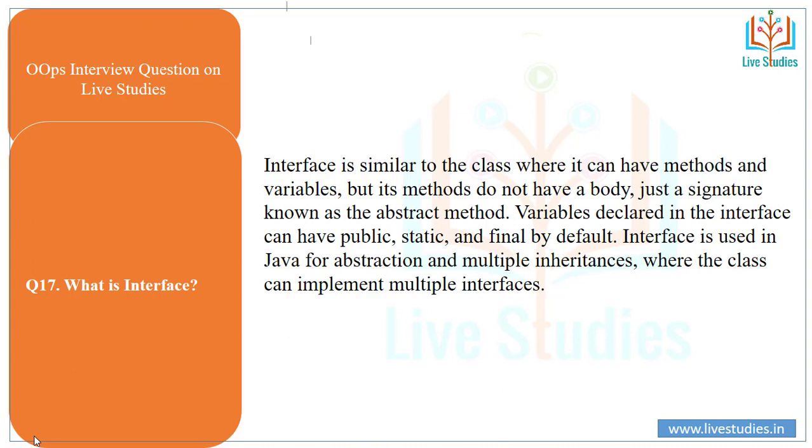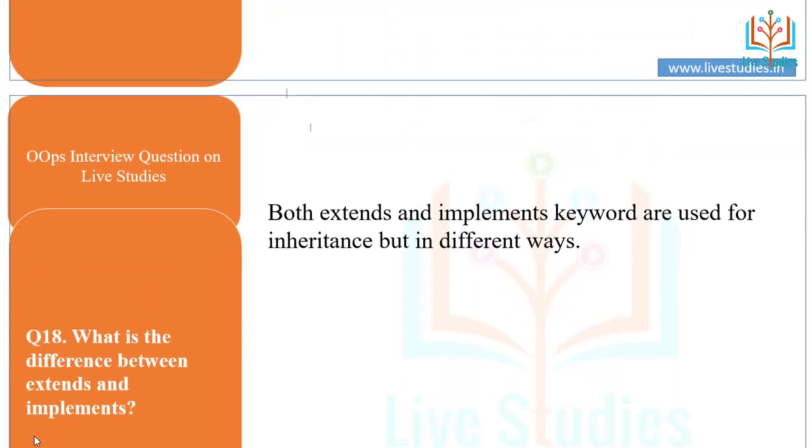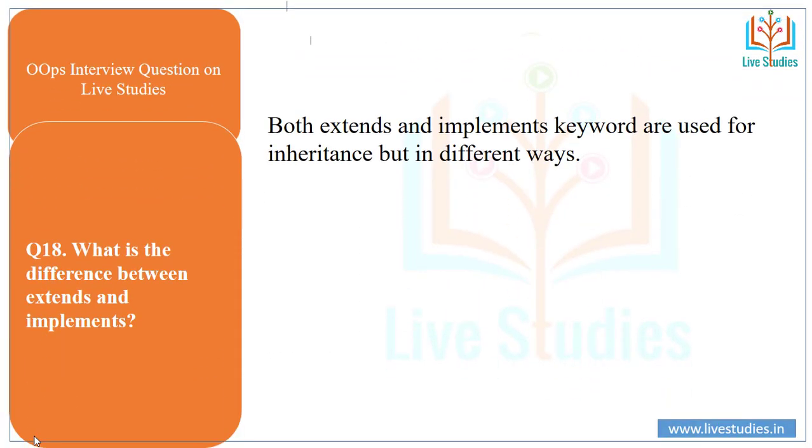An interface is used in Java for abstraction and multiple inheritance, where a class can implement multiple interfaces. Another question is, what is the difference between the extends and implements keywords? Both are used for inheritance, but in different ways.